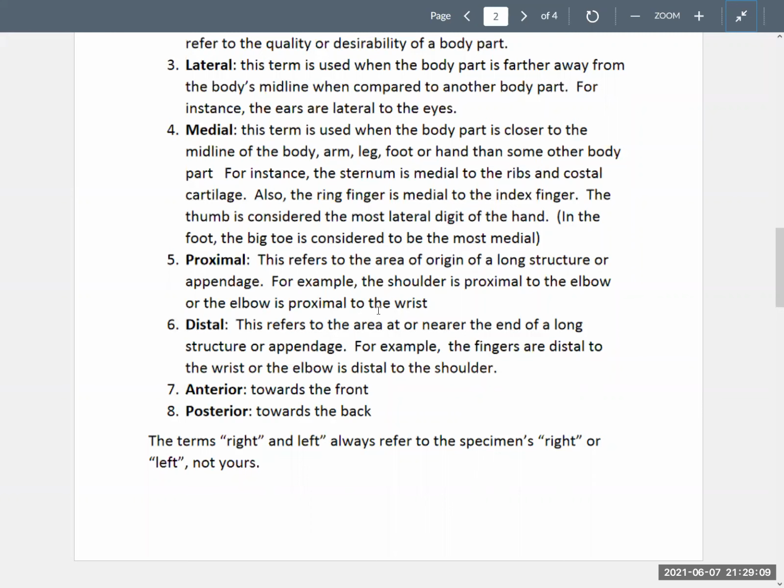That's the most distal. Think about the elbow. Think about the crease in the elbow. This is more proximal. This is proximal to the fingers because it's going towards the origin. The elbow, on the other hand, is distal to the shoulder.